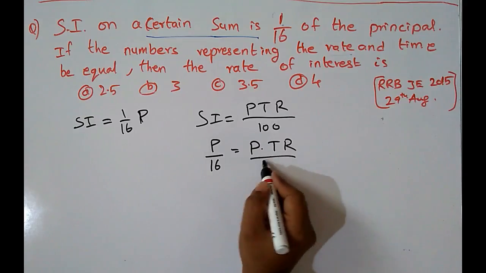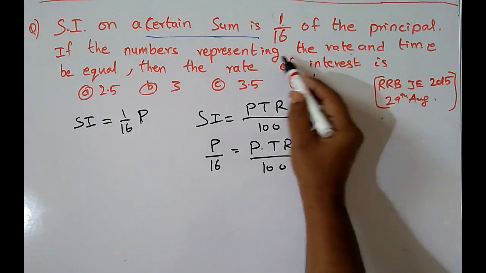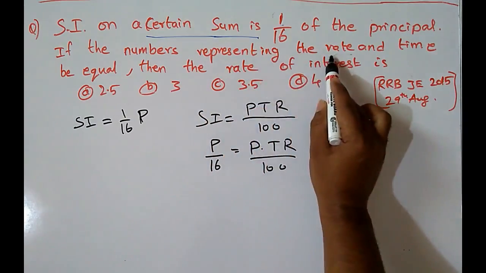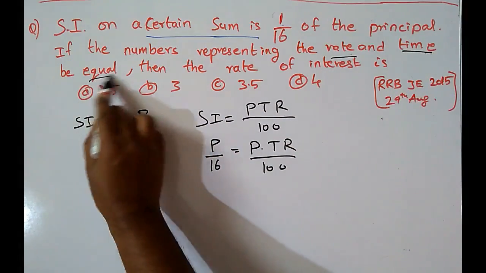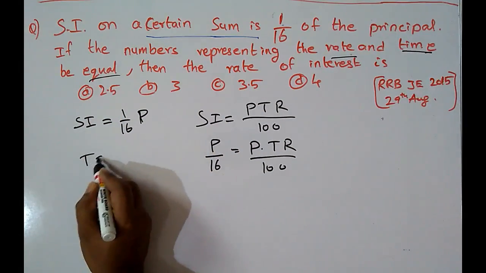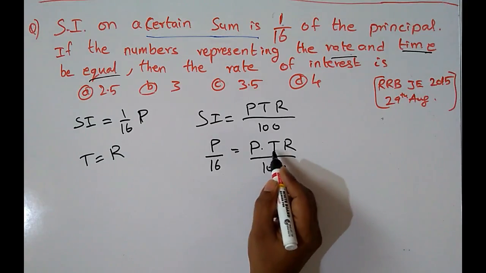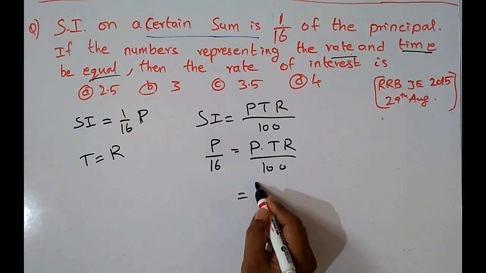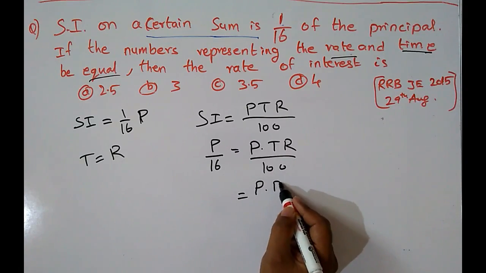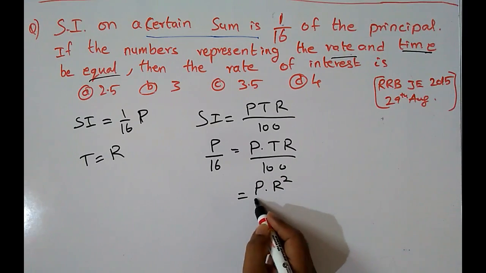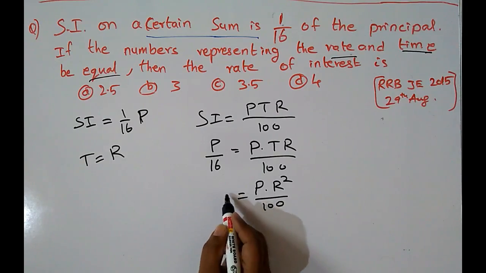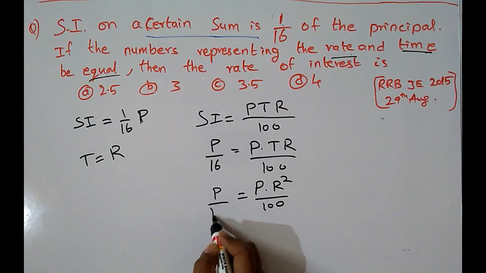And in the second statement, the numbers representing the rate and time are equal. So T is equal to R. If we consider T equal to R, then P into R square divided by 100 is equal to P by 16.